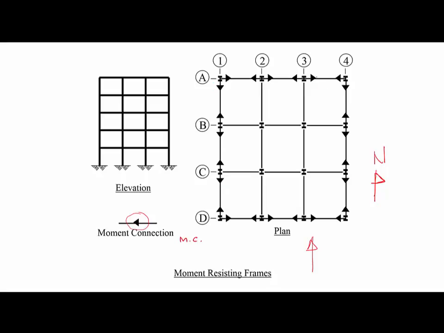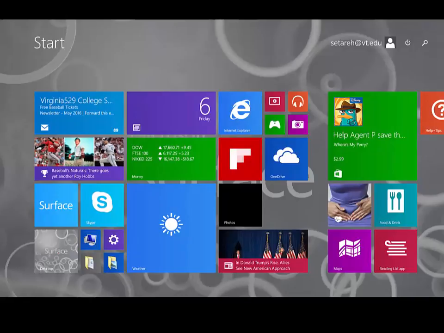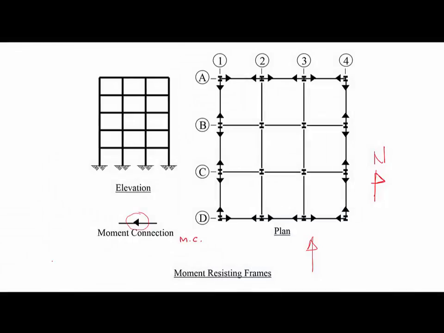Then basically the simple frames along lines 2 and 3 are leaning on the moment frames along lines 1 and 4 to take the lateral loads. So the loads in the north-south direction are resisted by the frames along lines 1 and 4.